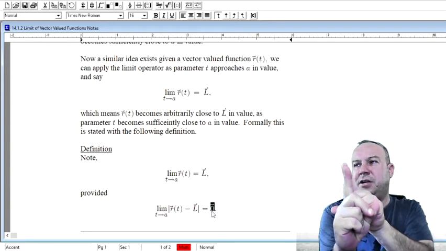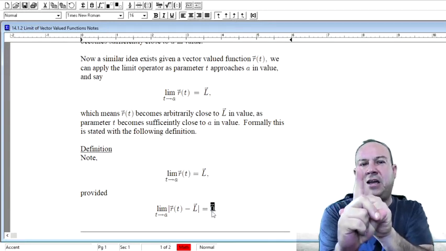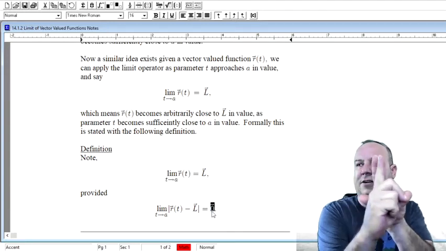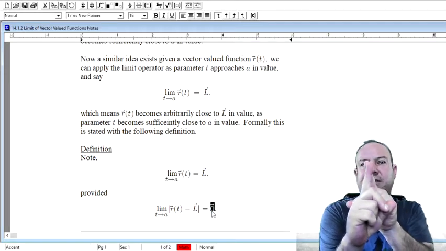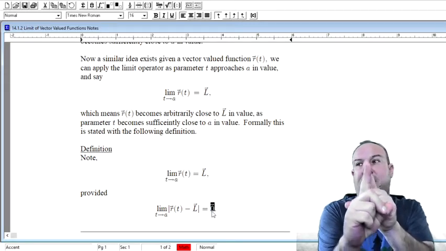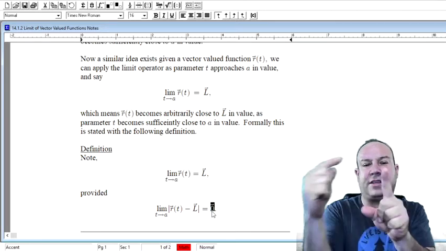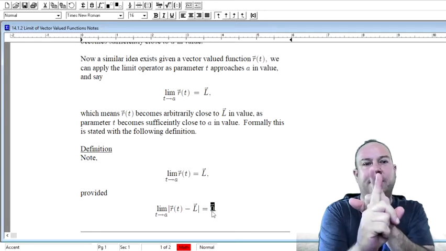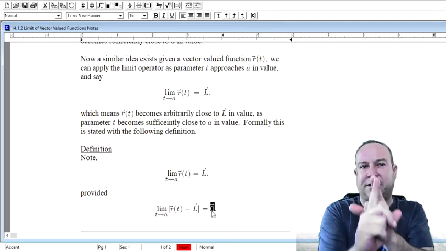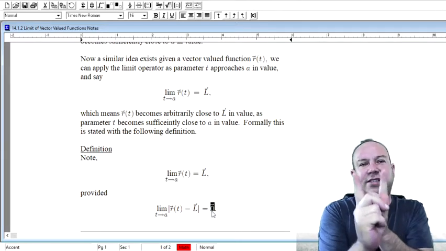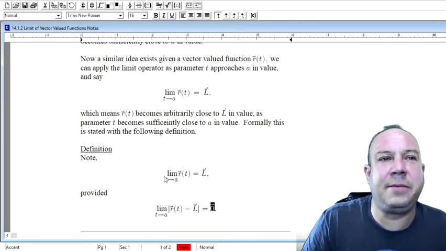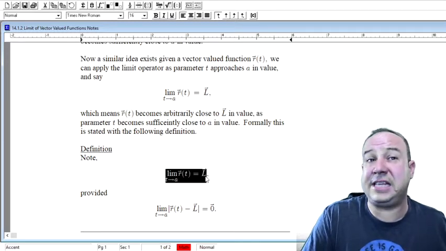These two vectors are going to, in a sense, approach vector L in value as t approaches a. And if vector L and r bar at t are in a sense the exact same vectors, the vector that's the difference between the two is essentially the 0 vector in size. All right? And if we see that occurring, we're able to say that the limit as t approaches a for r bar t is equal to L in value.